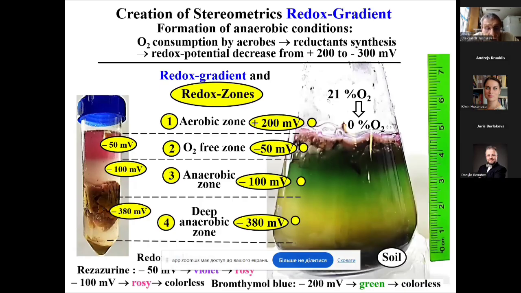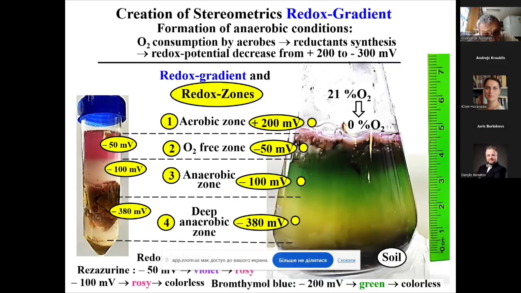But on the basis of a thermodynamic prognosis, we chose the effect of stereometric redox gradient. Here one can see the visual model of this confirmation. In the usual vessel, on the surface of the medium takes place the growth of aerobic microorganisms.